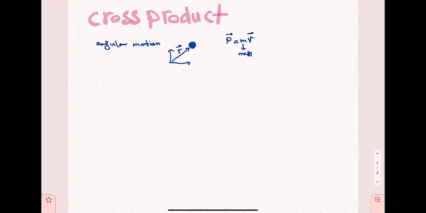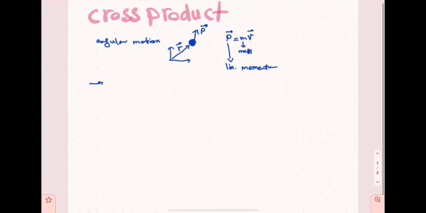Now imagine the p vector being the linear momentum of the particle. How could we calculate the angular momentum of this particle?